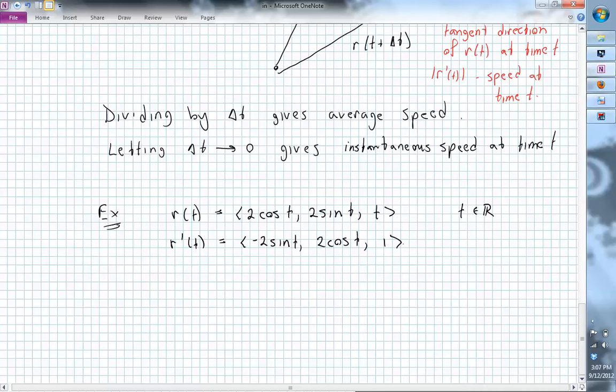Well, if I pick up a value t, for example, at t equals pi over 4, the tangent direction to r of pi over 4 is negative root 2, and 1.